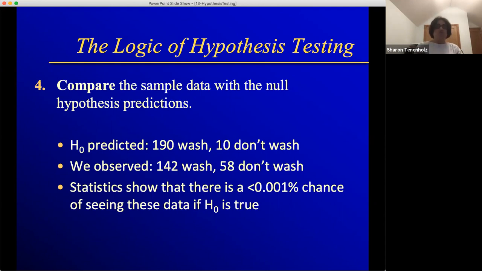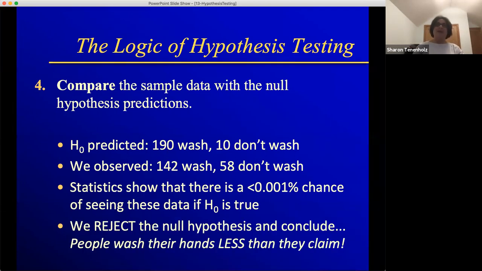That is an extraordinarily low probability. So under these conditions, I reject my null hypothesis and conclude that my alternative hypothesis is correct. People wash their hands less than they claim they do.